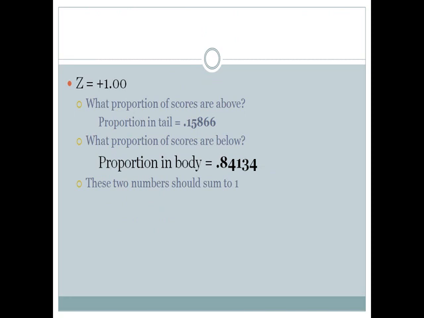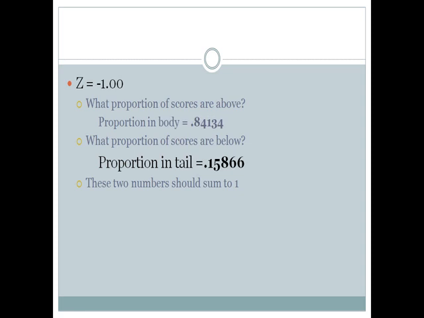Now, if you started on the homework, or if you're looking through the chapter, you might have come to the realization that the unit normal table in our book does not give negative z-scores. So how do you deal with problems that require you to look up proportions for negative z-scores?